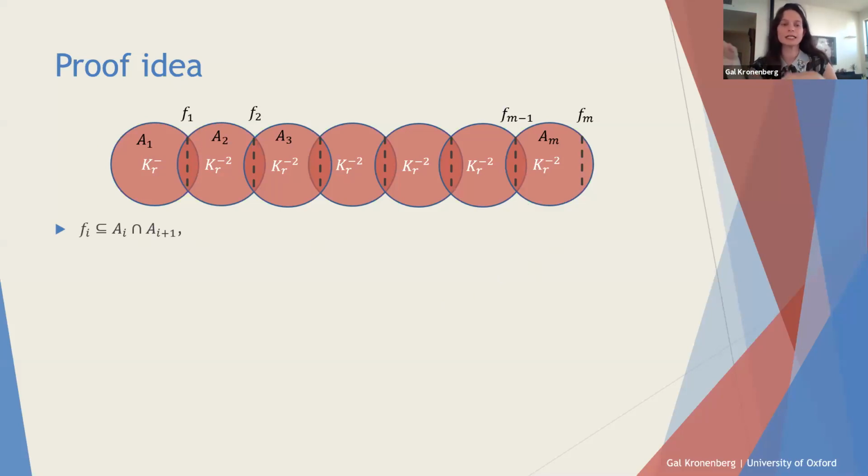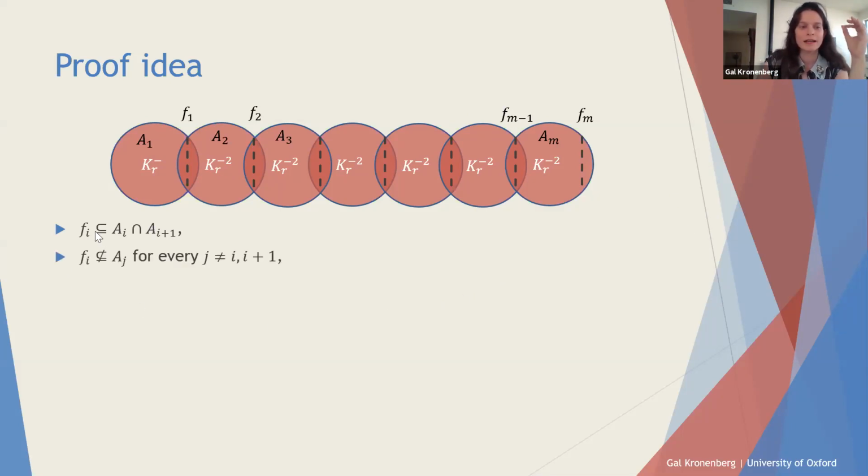So I add M cliques, and I want the intersection of consecutive cliques to contain a special edge that will get infected one by one. And I want this special edge to belong specifically to these two consecutive cliques that intersect, but not to any other clique. And why not? Because if it belongs to a new clique, then maybe it can start infecting new edges that we didn't think of, and we lose control.